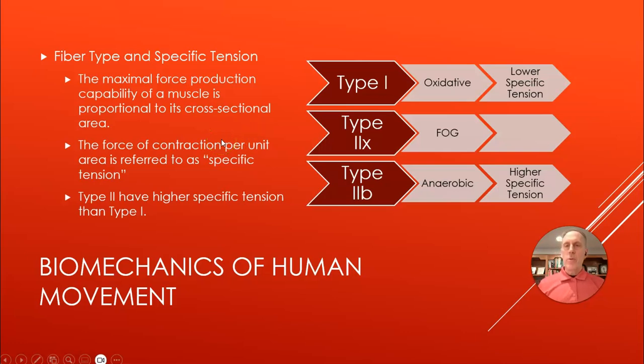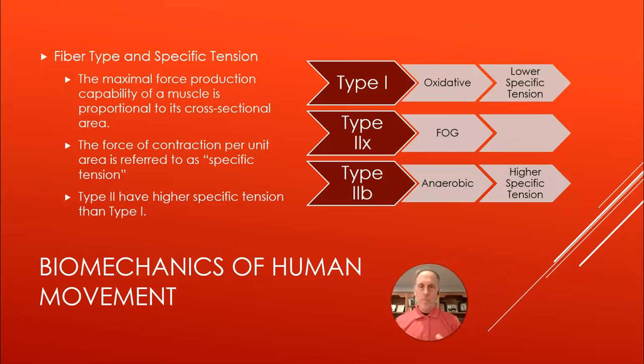When we look at fiber type, the maximal force production capability of a muscle is proportional to its cross-sectional area. That makes sense: the bigger the cross-sectional area, the more muscle that's there, the more force you can create. Now, you can kind of equalize this to be able to evaluate muscle fiber.